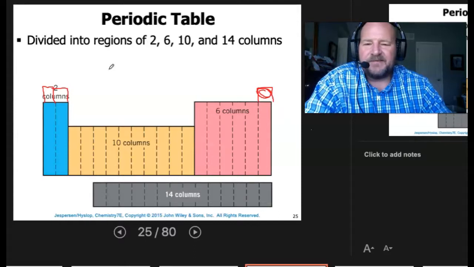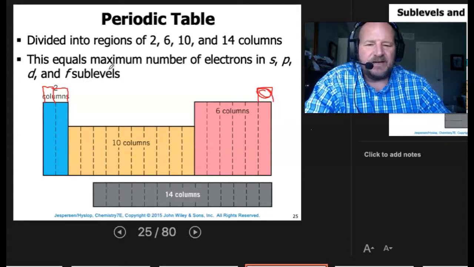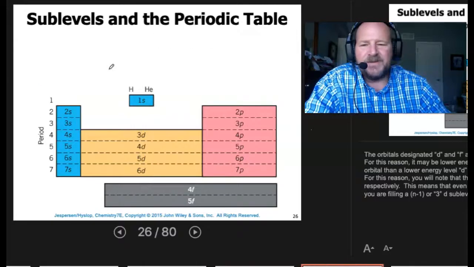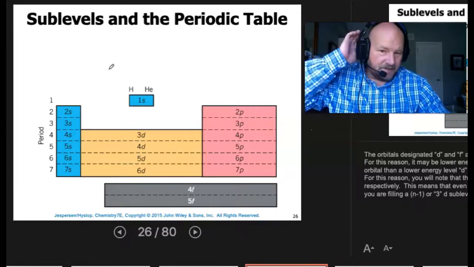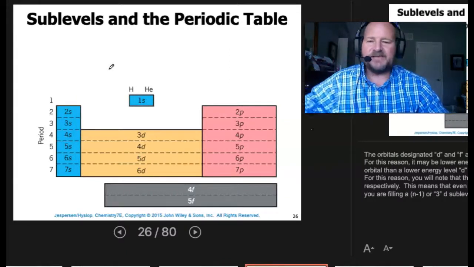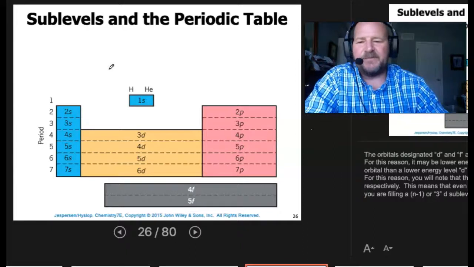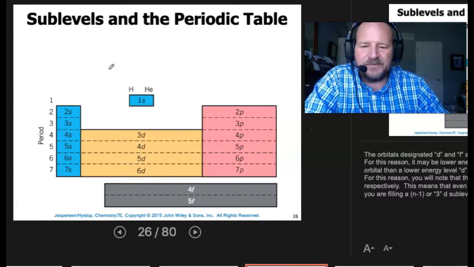So you're going to divide this into regions of 2, 6, 10, and 14 columns. This equals the maximum number of electrons in the s, p, d, and f sublevels. Okay, so sublevels in the periodic table. So you have the 1s has to be hydrogen and helium. Then we have the 2s, 2p, 3s, 3p, 4s, 3d. Okay, so you can just follow along with that if you want.